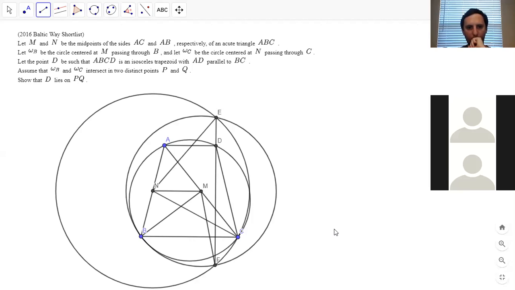And we want to show, yeah, I wonder if we can use congruent triangles somehow.